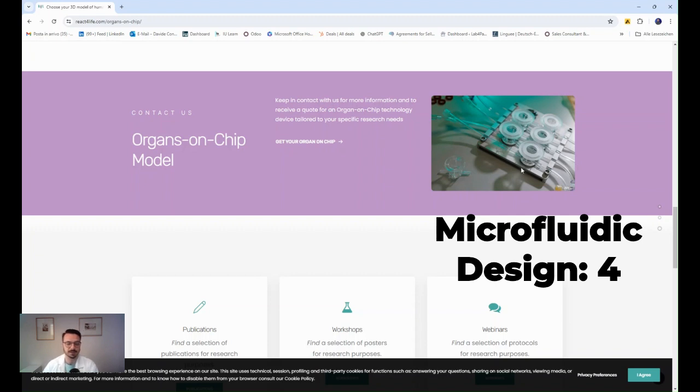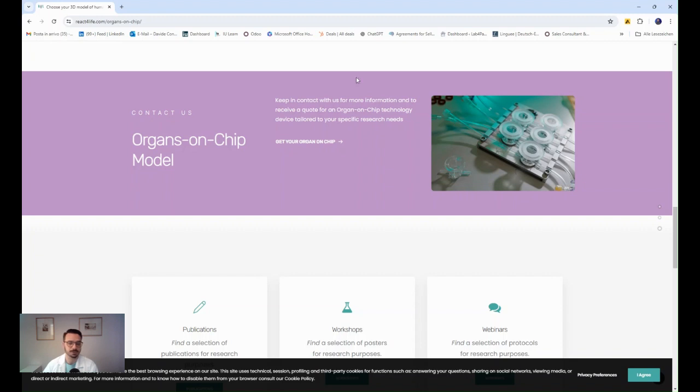In terms of integration and connectivity, we also have a really nice system with the possibility of setting up different kinds of organs, different kinds of models.